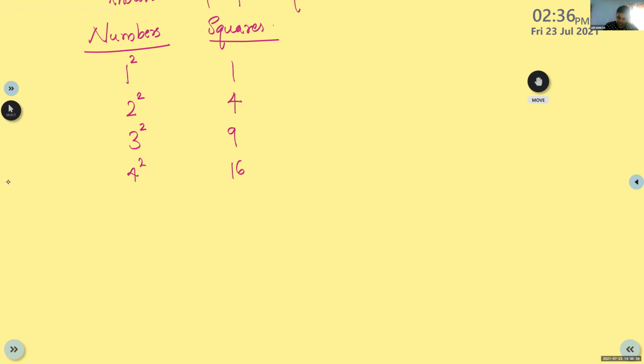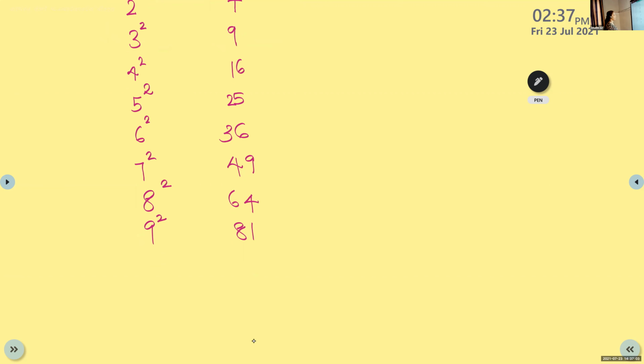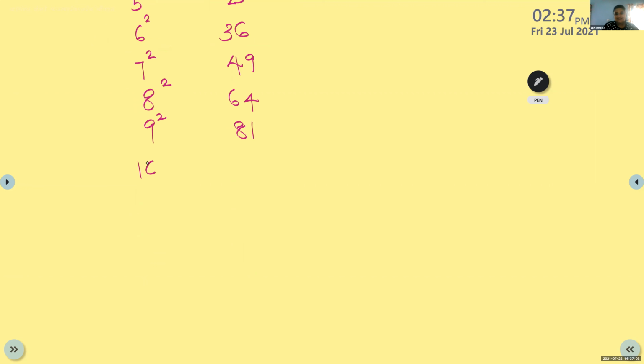5 square, 25. 6 square, 36. 7 square, 49. 8 square, 64. Correct. 9 square, 81. 10 square, 100. 11 square, 121.